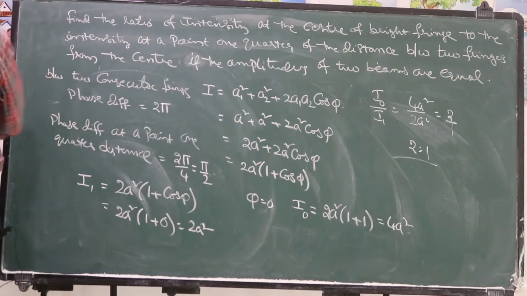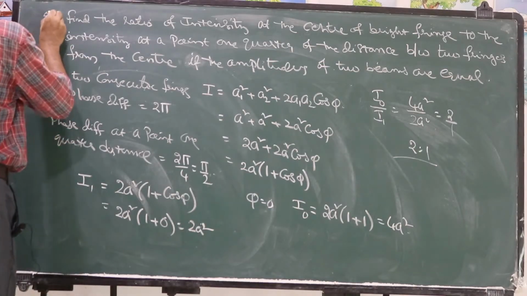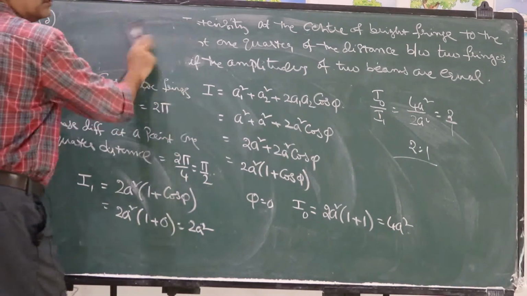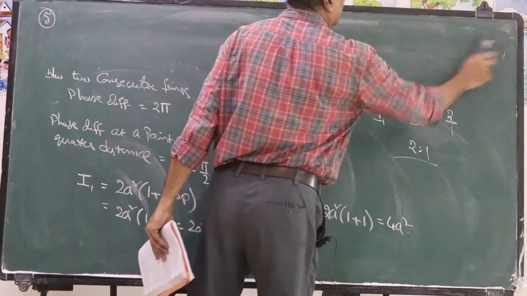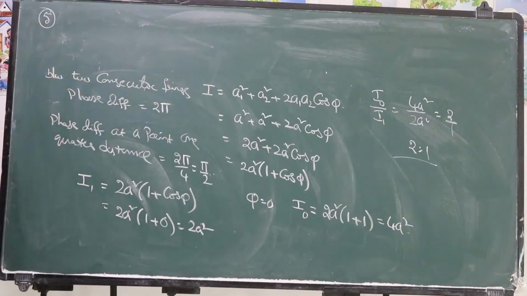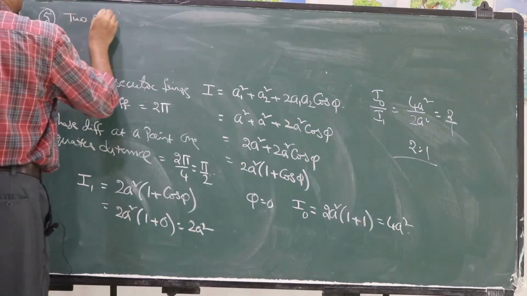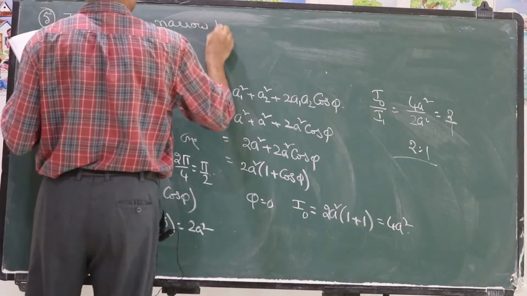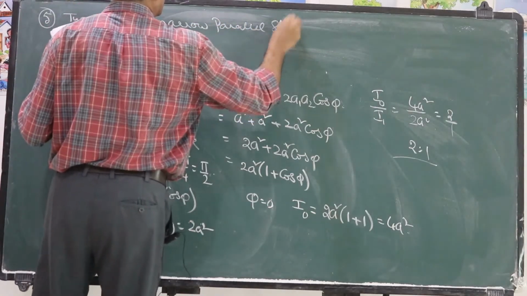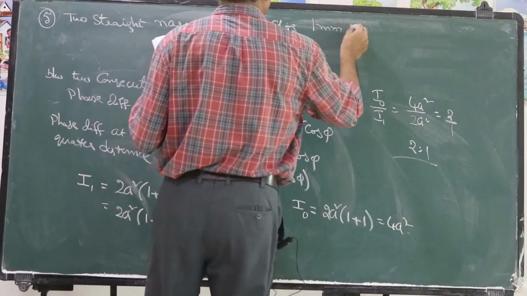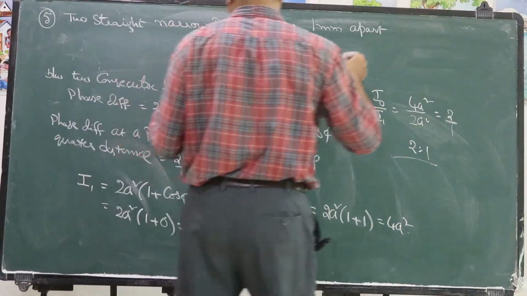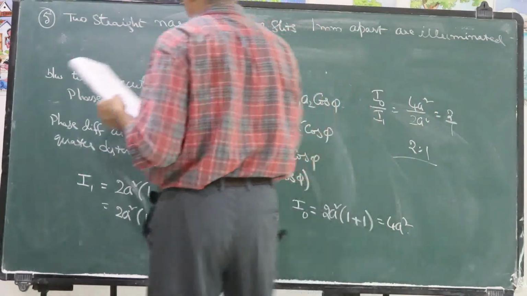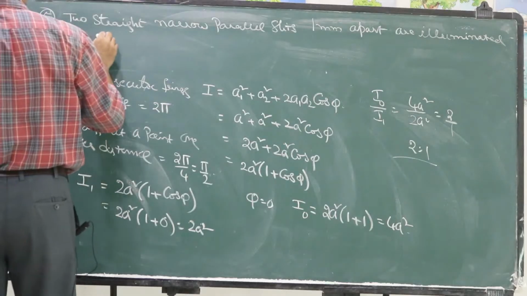Now fifth one. Two straight narrow parallel slits 1 millimeter apart are illuminated by monochromatic light.